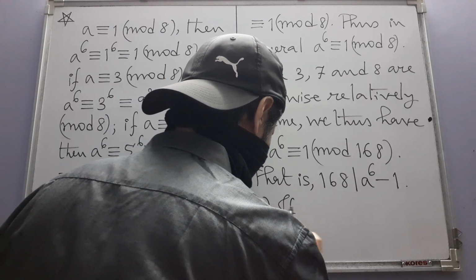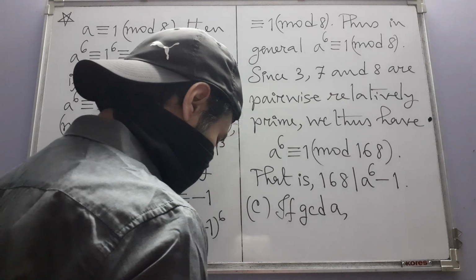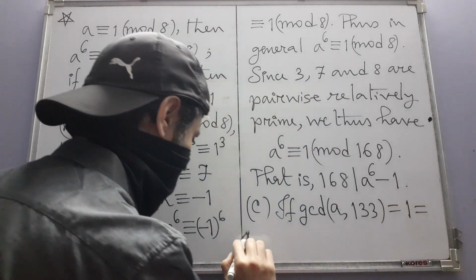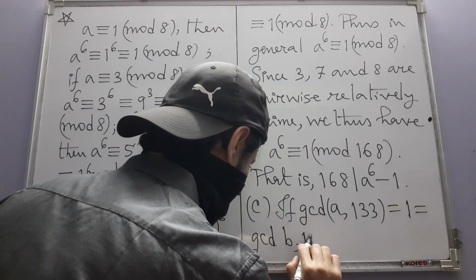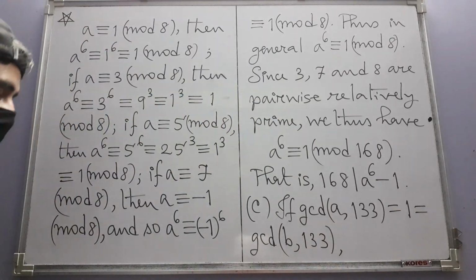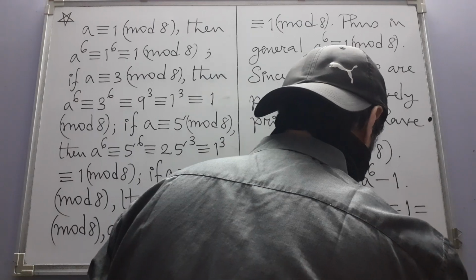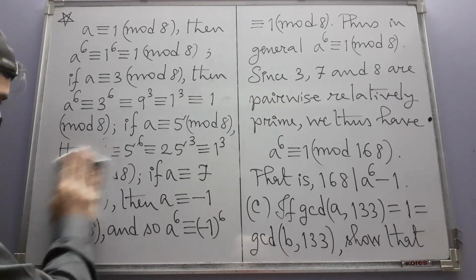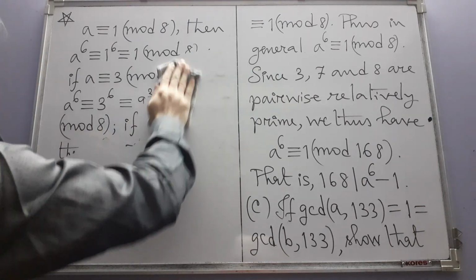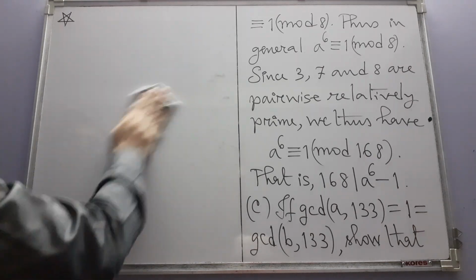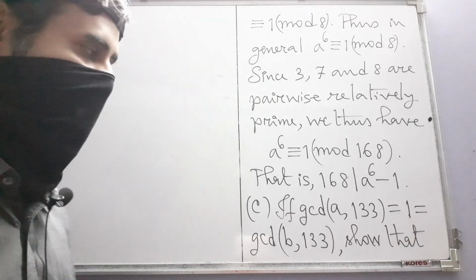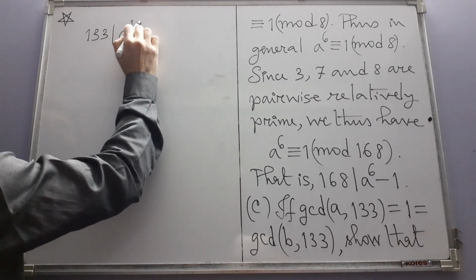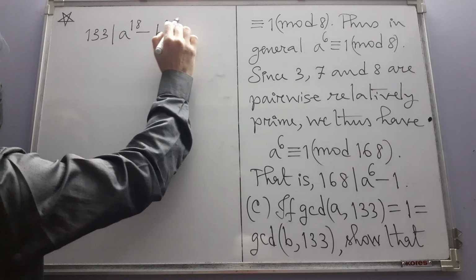If A and 133 are relatively prime, and so are another number B and 133, then show that 133 divides the difference of their 18th powers.